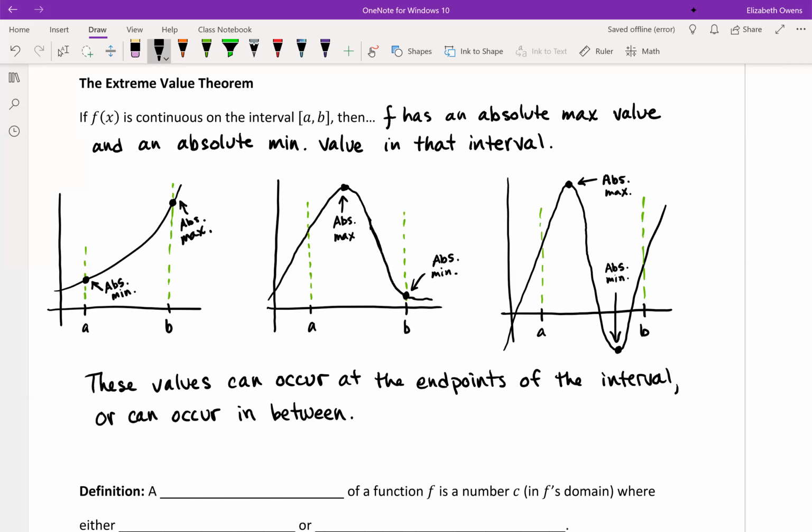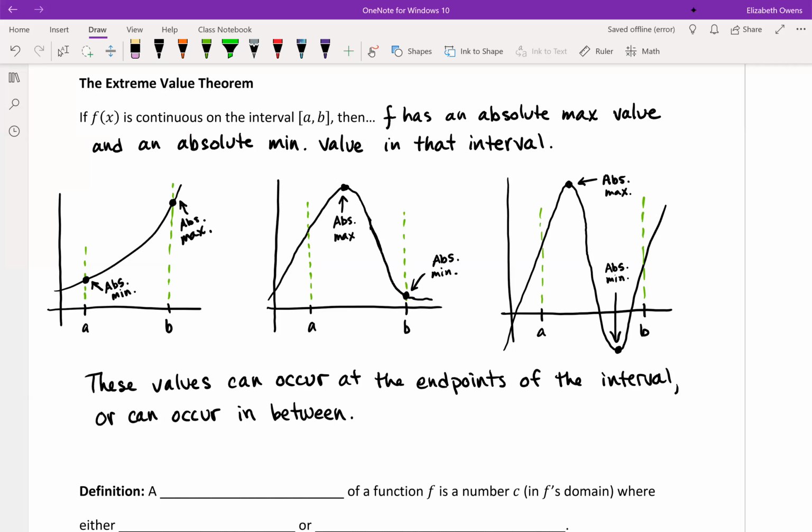That's the part that begs the question: if these values are going to occur somewhere in between, we need to know how to find them. Where are these going to be? How would you find the x value for something like this? If it's just some point in the middle of the interval, we need to know how to find that.